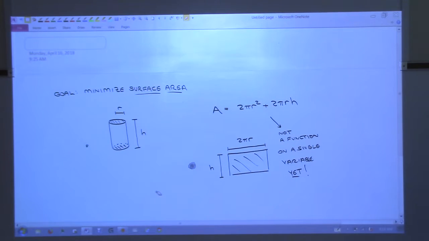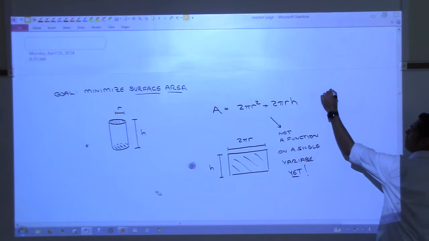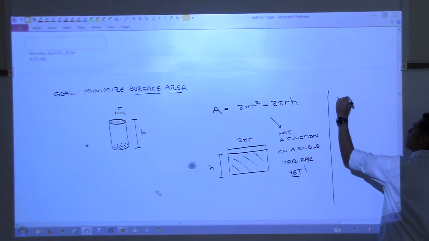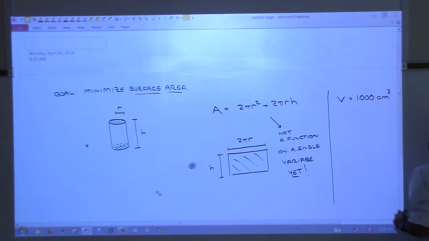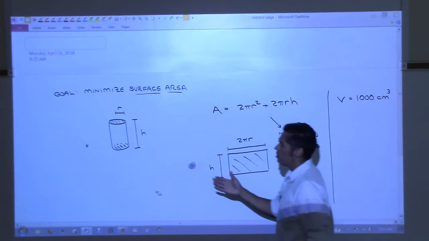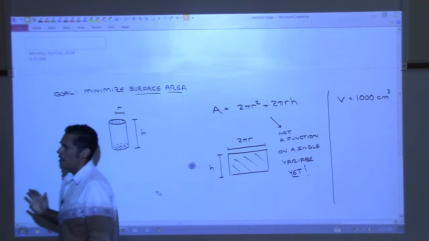Okay, so to do this, we have to use something else in the problem. That was the information that the volume of this thing had to be 1,000 cubic centimeters. All right? Now, the volume of a can, by definition, is what?